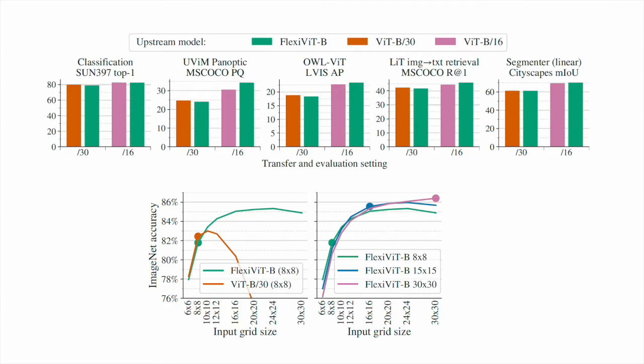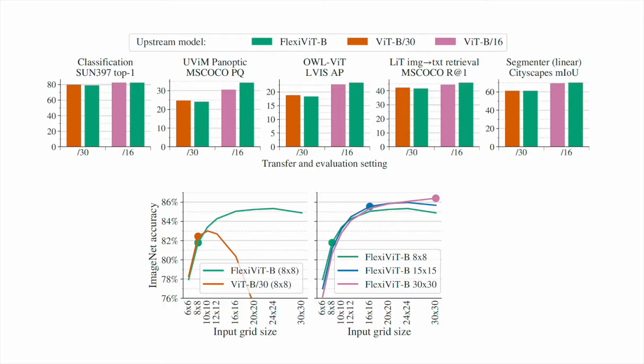In this figure, the authors compare the performance of FlexiViT base to ViT base 30 and ViT base 16 after fine-tuning for a variety of computer vision tasks. Here, FlexiViT base is fine-tuned at each of the target patch sizes 30 and 16, and then its performance is compared to the standard ViT at each patch size.